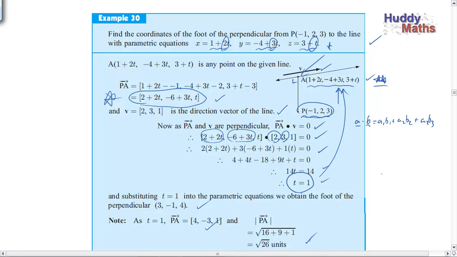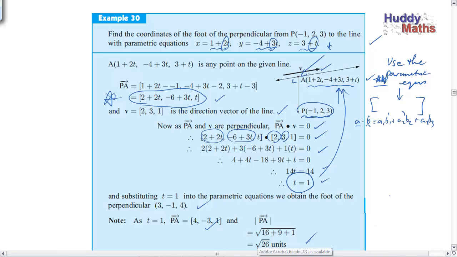If you're trying to find a point on a line, use the parametric equations to generalize that point. So you're going to call it the parametric x, y, and z. Then you find t to find the specific point that's locked in by that t value.